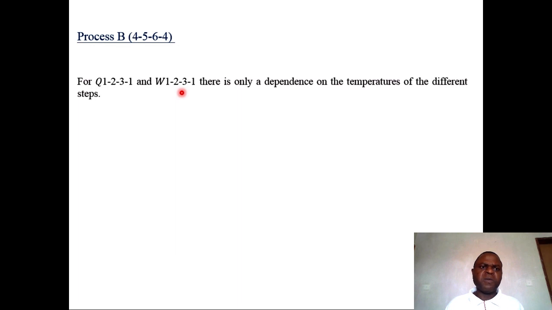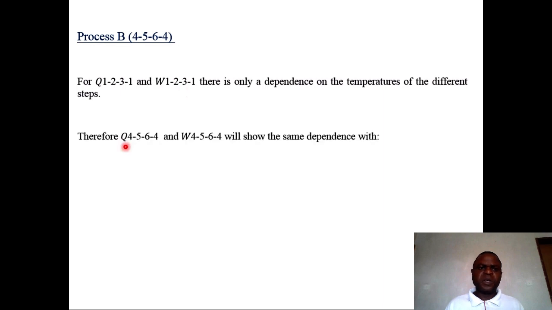Don't forget that our intention is to show that the work and the heat in the first cycle should be the same in process B, that is from 4 to 5 to 6 to 4. For 1 to 2 to 3 to 1, the heat and the work are only dependent on the temperatures of the different steps. So the heat in process B from 4 to 5 to 6 to 4 will show the same dependence, because we are only restricted between TA and TB.